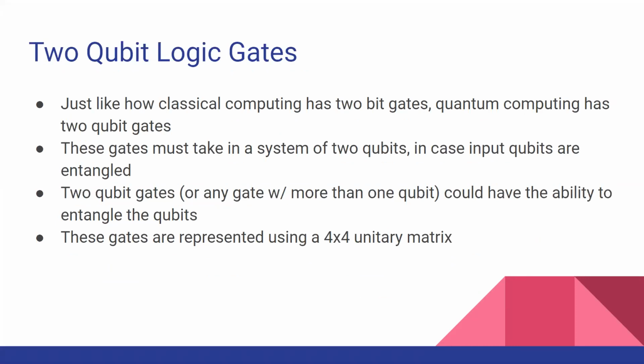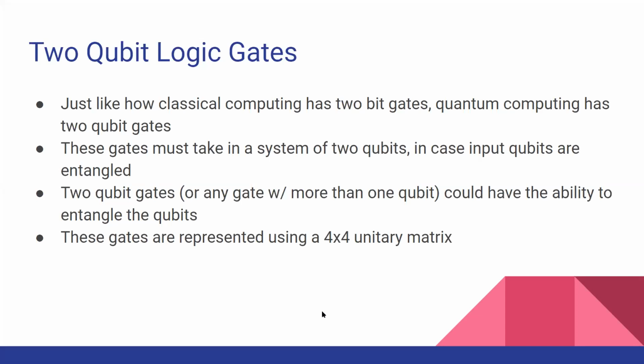What I mean by that is you can't feed in 2 separate equations for each qubit. You would have to pass them in as a system. The reason being is because 2-qubit gates can accept entangled states. And since entangled states can't be written as separate qubit equations, we want to make sure this gate can accept all possible states of 2 qubits.